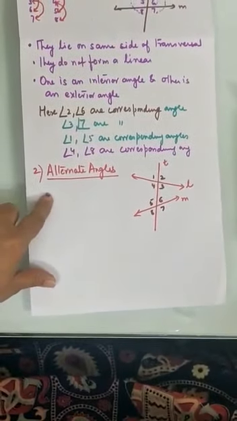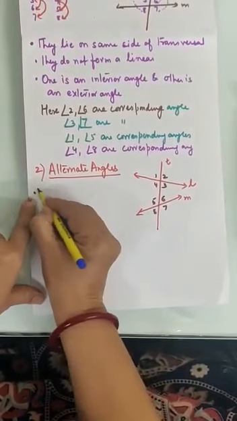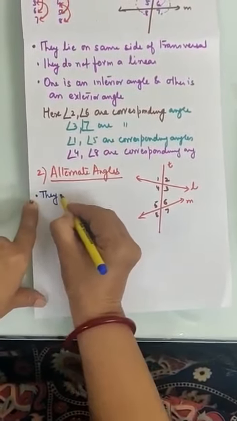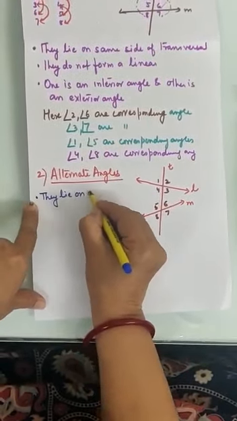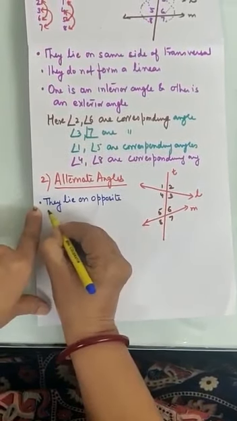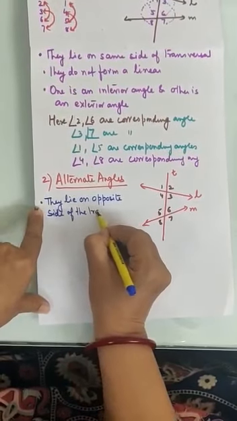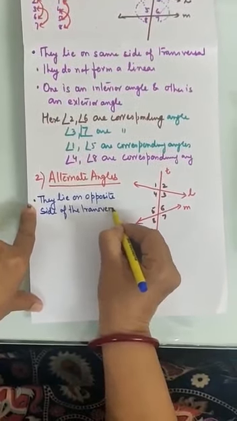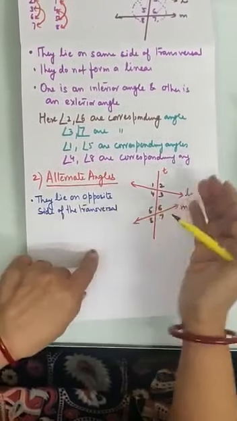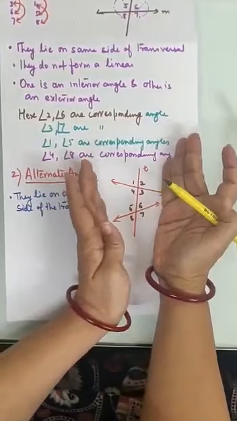Now the rules for alternate angles are, the first one is they lie on opposite sides of the transversal. Matlab, if one angle is this side, another will be this side.